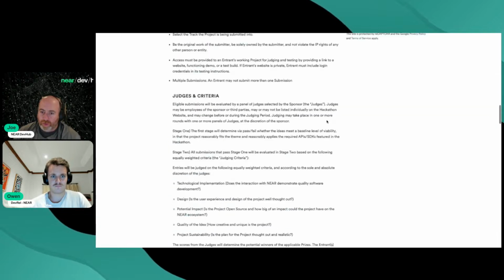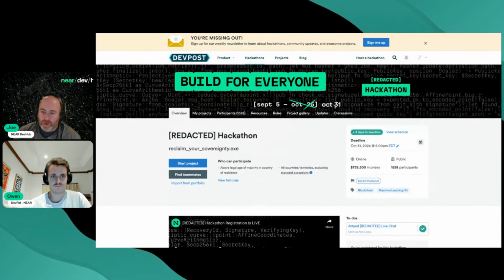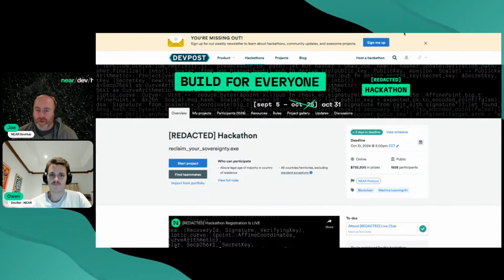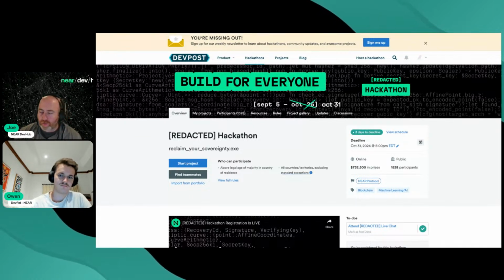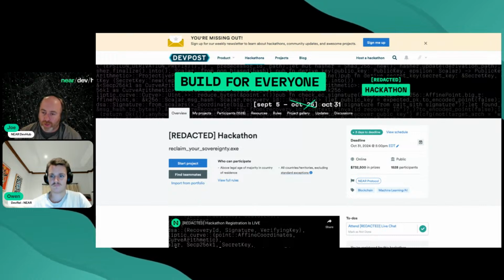If you sign up, you have until pretty much the end of the working day, depending on where you are in the world, on October 31st. There are so many projects, especially if you go back and look at some of the different AI agent ones, that you can get done in a few hours to just get started. So you could spend a day or two and get something ready to actually submit. There's $700,000 in prizes.